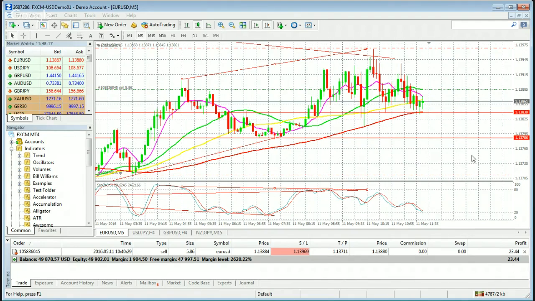Okay, still a bit of sideways pushing. It's bouncing off that level that I just put in place now. Hopefully this can push a lot further down. Like I said, the only thing we can do is give it time, and then we'll know.